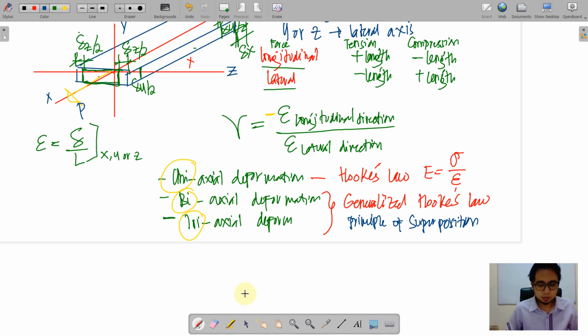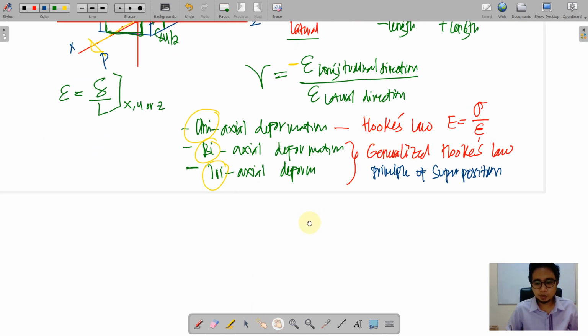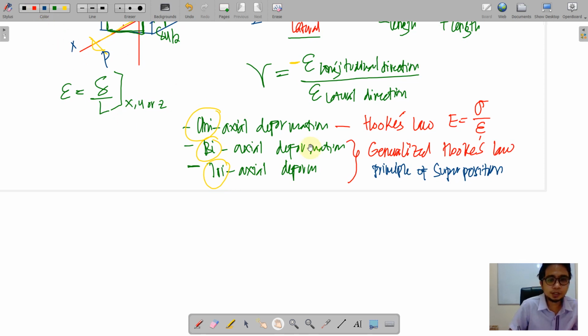Okay, so we will now have the derived formula for this biaxial and triaxial. Yung uniaxial, just refer to the formula that mu, or Poisson's ratio, is the ratio of the longitudinal strain to the lateral direction strain.